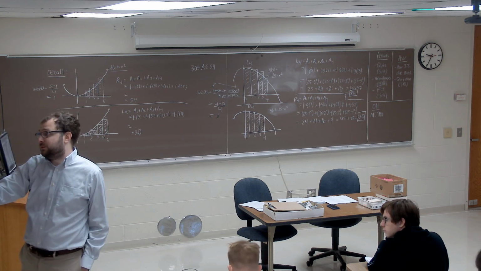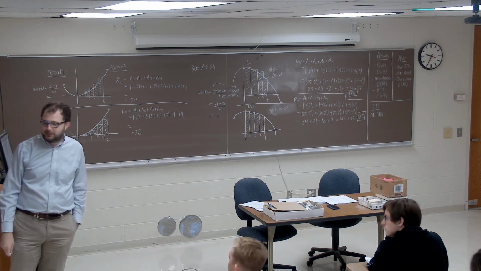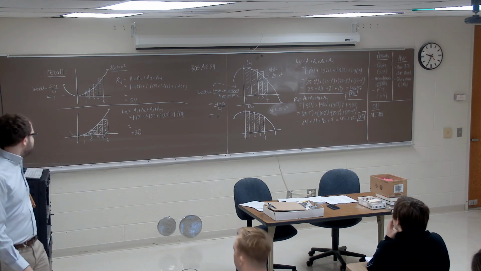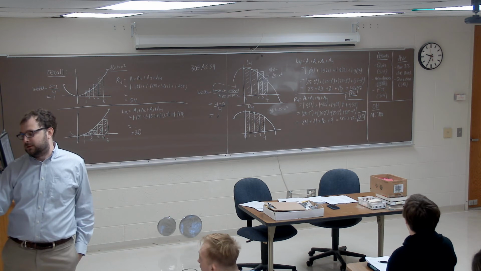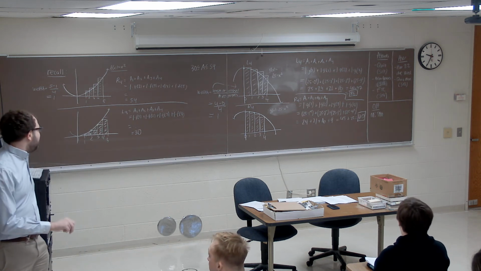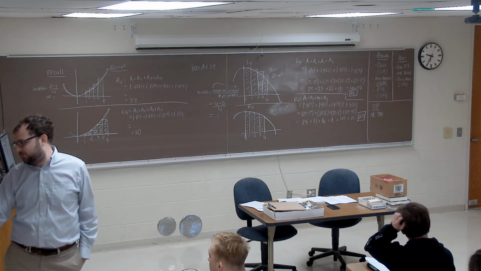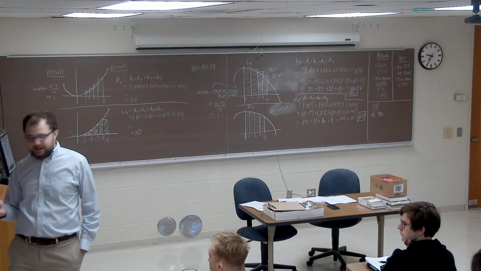Second rectangle goes from 2 to 4, has a left endpoint of 2 instead. And then that would give you 2 times, what's g of 0? That's 25 minus 0 squared, which is 25. g of 2 is 25 minus 4, which is 21, which would give you 50 plus 42, and I would get 92 as my answer.